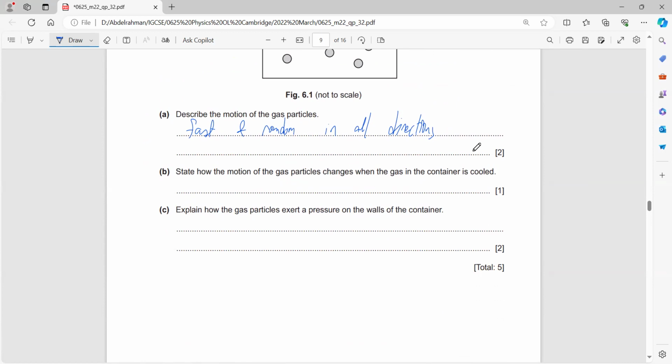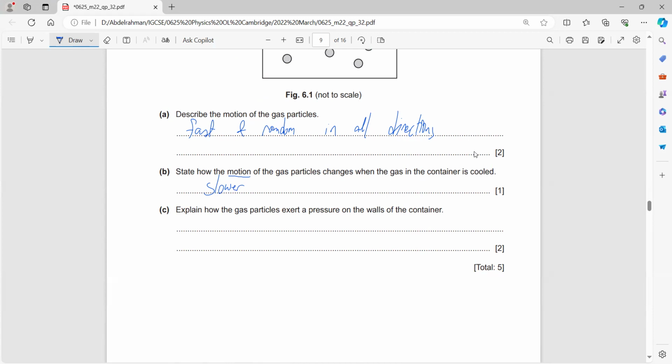Slower motion. I'm talking about the motion, I didn't talk about the spaces between them. The motion gets slower because they lose kinetic energy.